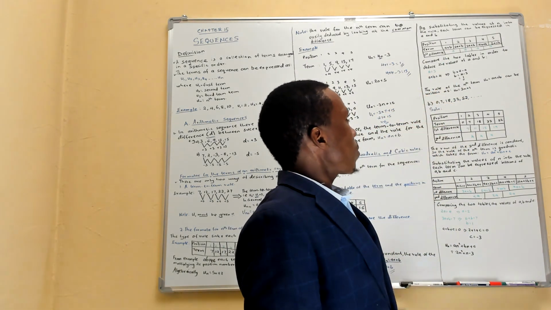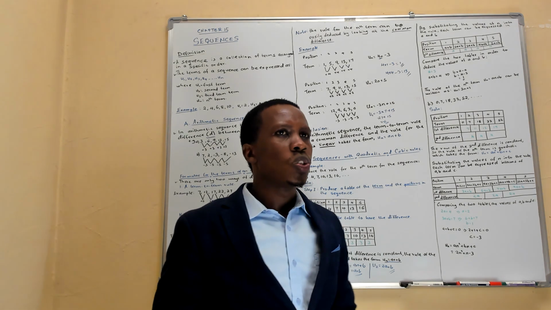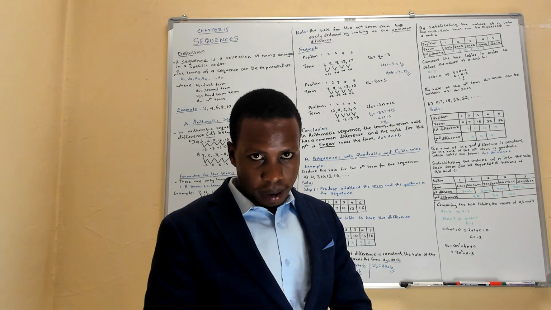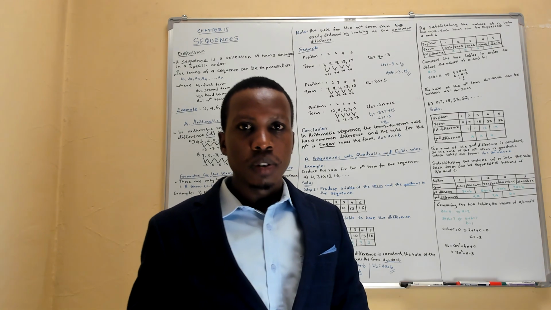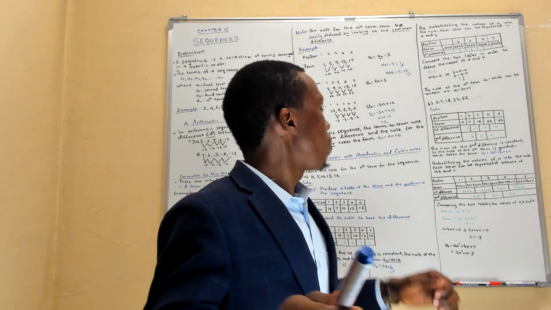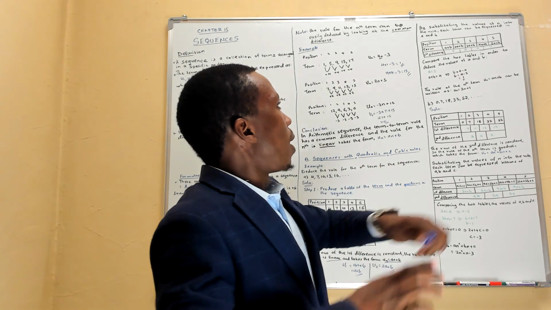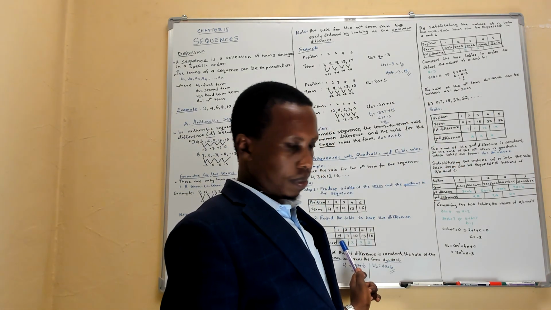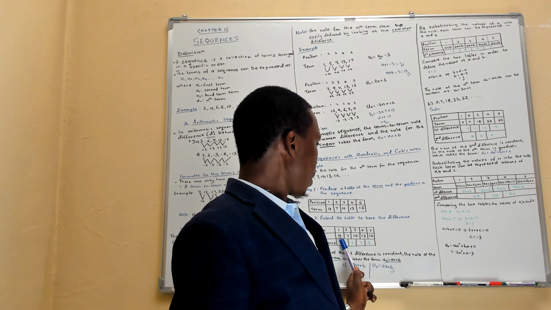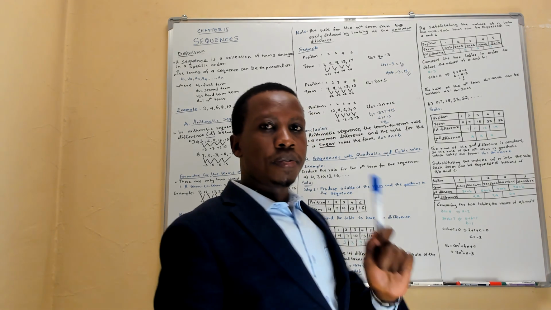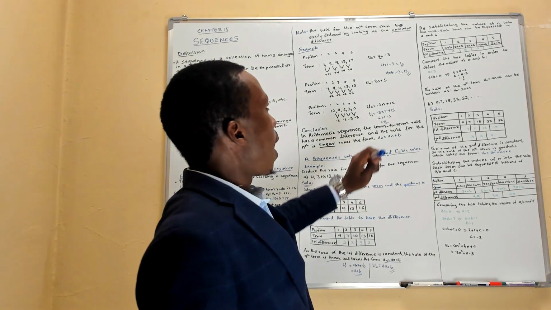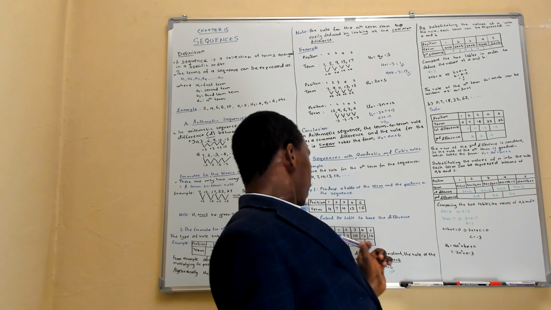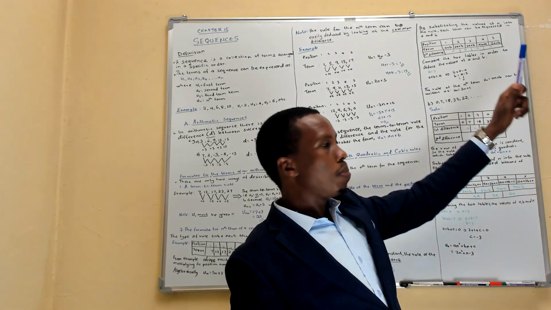Now let me use this to come up with the rule for the nth term. If I know that a is 3, my difference is 3. For the first term, which was 4, I know it is a plus b.